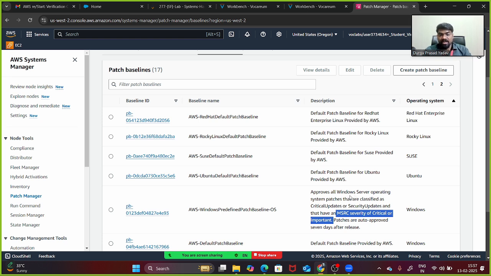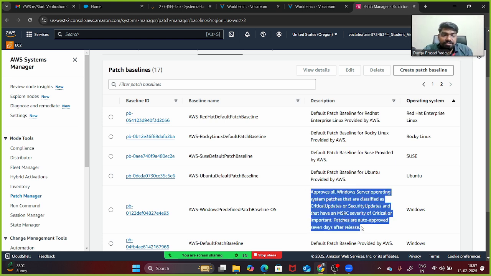If it is not there, it will install it and bring it up to that level, and after that you can remove this patch, or you can leave it as it is. But this approach will help you to check the Windows updates, security updates, and some critical updates. So that's so simple, right?